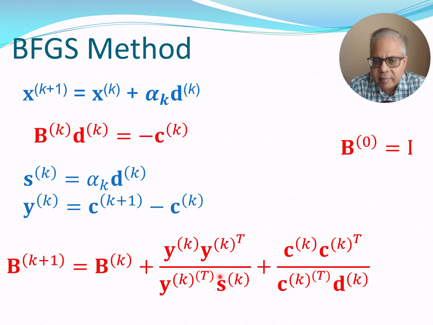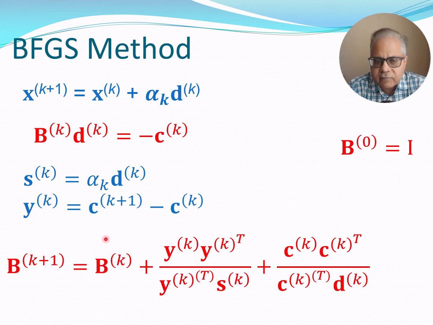These two matrices are built up by using the information sk and yk. These are two vectors. yk is the difference between the gradient vector at the k+1th point and the kth point, and sk is the same as x(k+1) minus xk. So that is the difference in the design vectors at the kth point and the k+1th point.